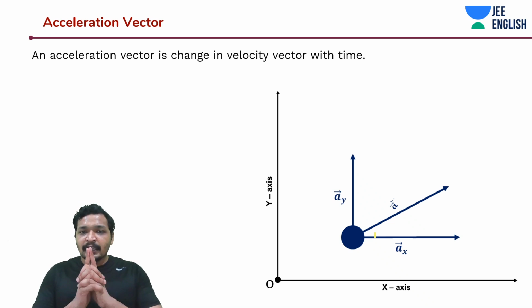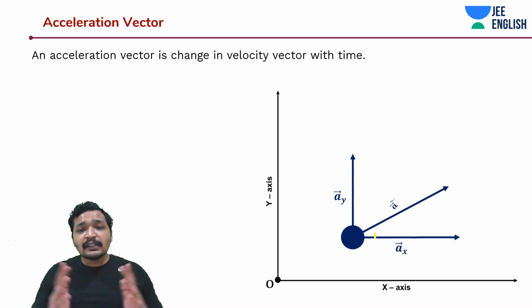So position vector tells you the exact position of an object in a reference plane, and a velocity vector tells you how this object is moving with respect to time. Okay, and a velocity vector also tells you the direction of this movement of this object, and the acceleration vector tells you about change in velocity vector.